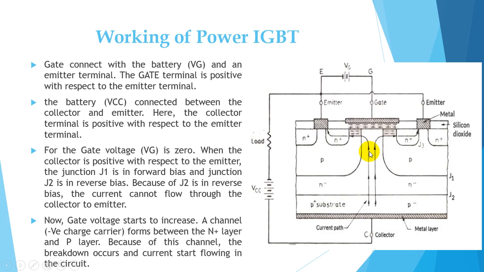Thereby the junction J2 is going to break down after some avalanche breakdown voltage is applied across the gate and emitter. Thereafter the current will start to flow from collector to emitter in the device.